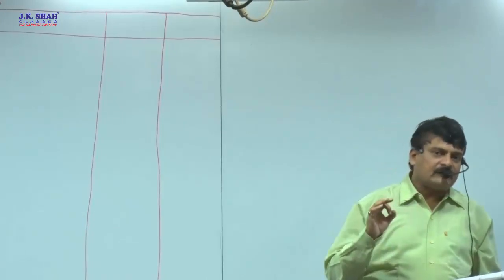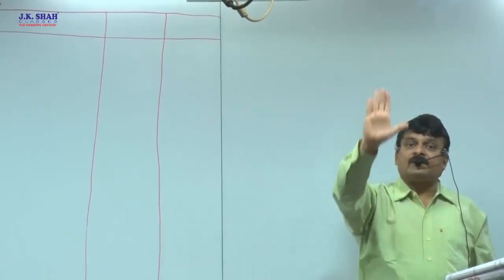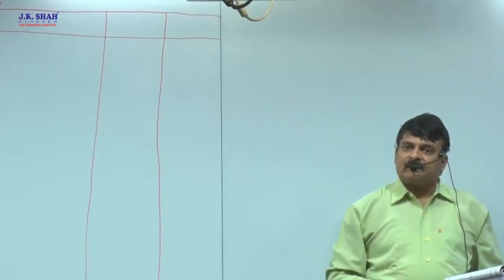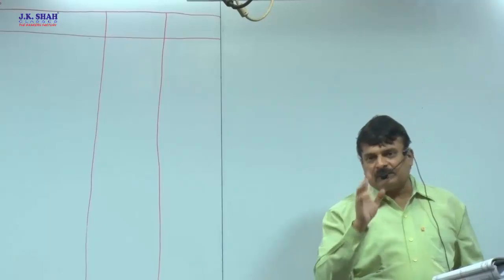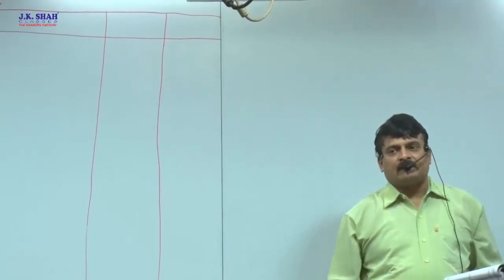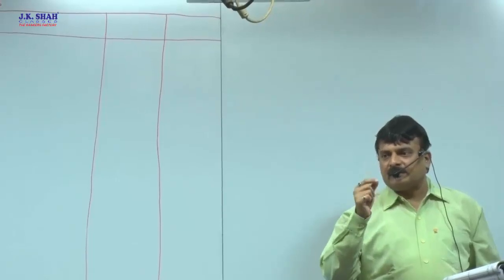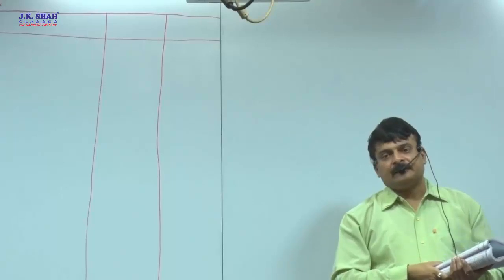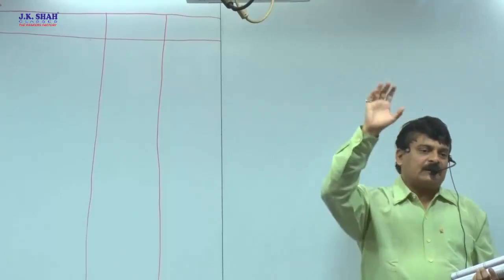Everyone sure, friends? So this is the face of the balance sheet. The question we are going to solve, our first job will be to classify it. Classify it in what way? That it will go to which head.